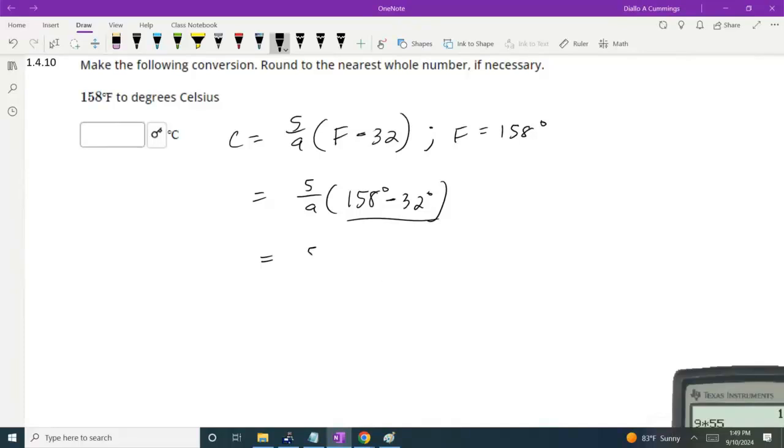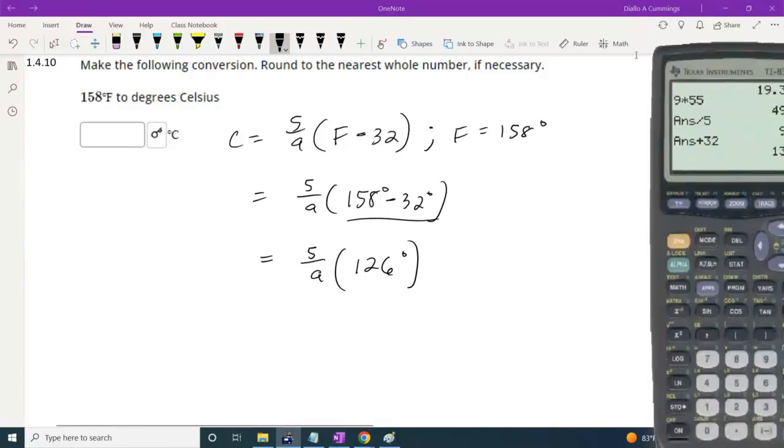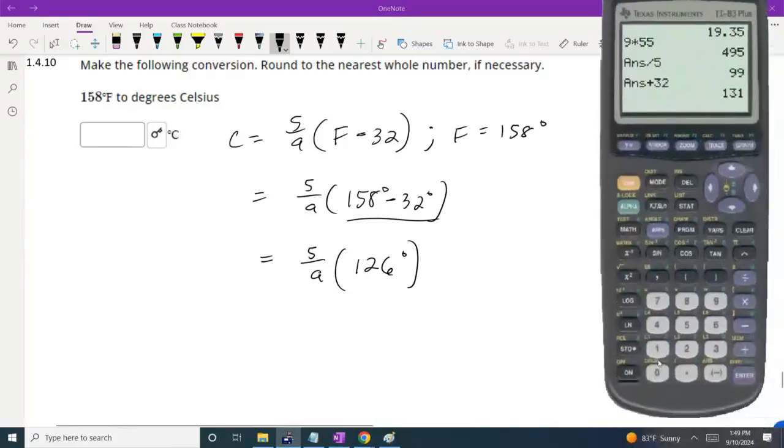All right, so here I'm going to simplify 158 minus 32. So I'm going to bring down 5/9. And 158 minus 32, I believe that should give us 126. So 158 minus 32 is 126. So now when I simplify, remember we can write any number as a fraction. So I can write 126 over 1.